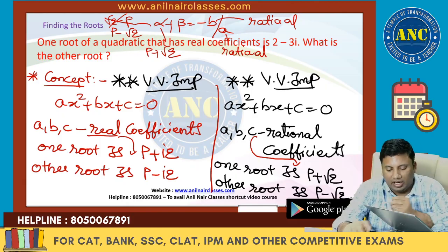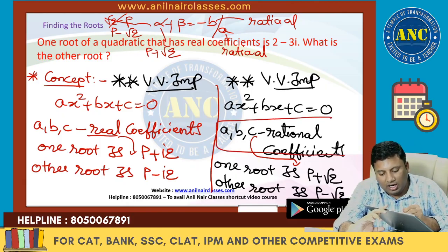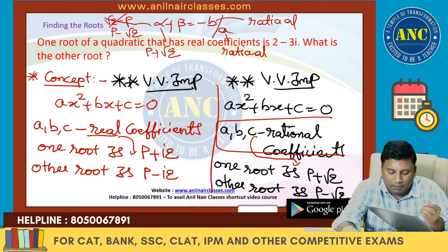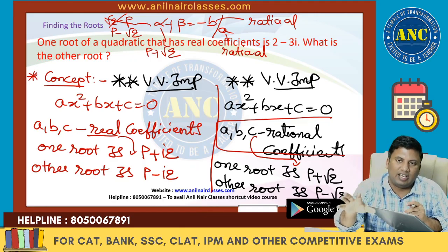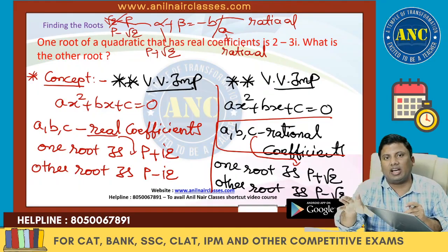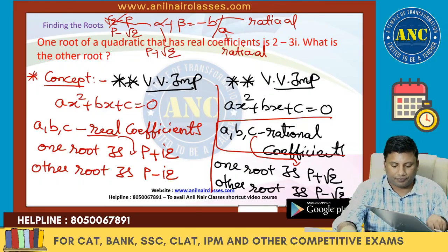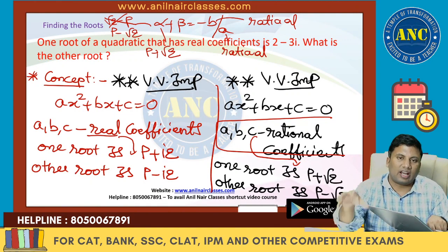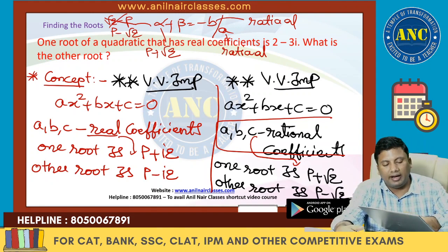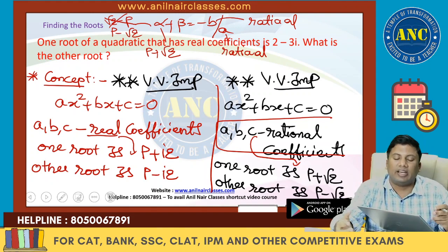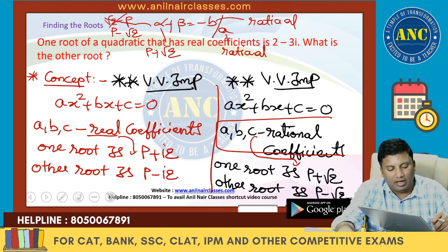Alpha plus beta. If a, b, c are rational, one root is p plus root q, another is p minus root q. If a, b, c are rational, the roots coming out will be rational. Roots that are coming out of real will be real. So depending upon the domain of a, b, c, the domain of p and q will also be there.